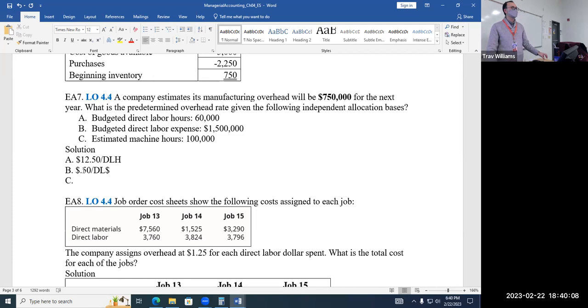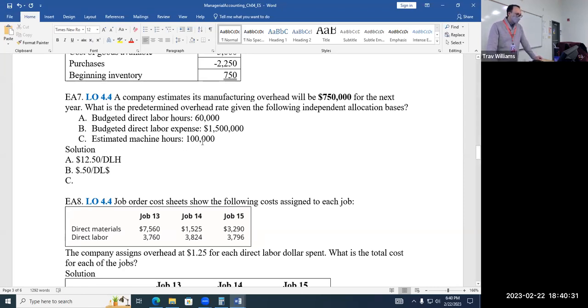So for every dollar of direct labor cost, they're going to apply 50 cents of overhead. Now, you wouldn't do both of these. You would pick one or the other, right? When we get to chapter 6, we'll have some more complex approaches to overhead where you do have multiple drivers, but here you have only one.